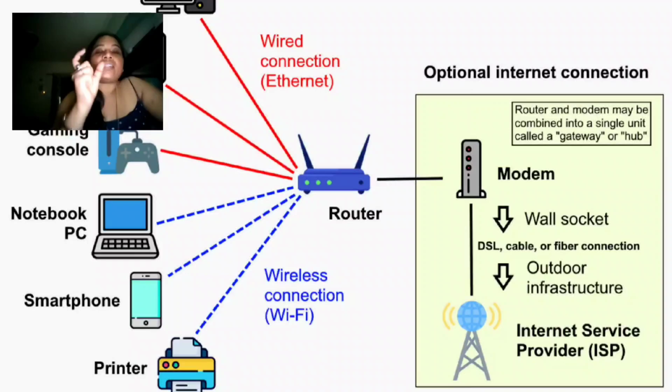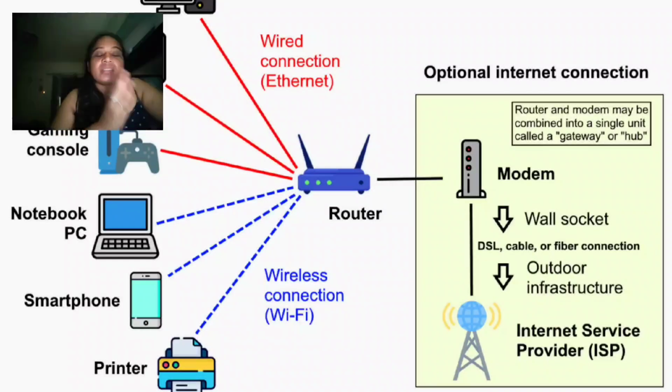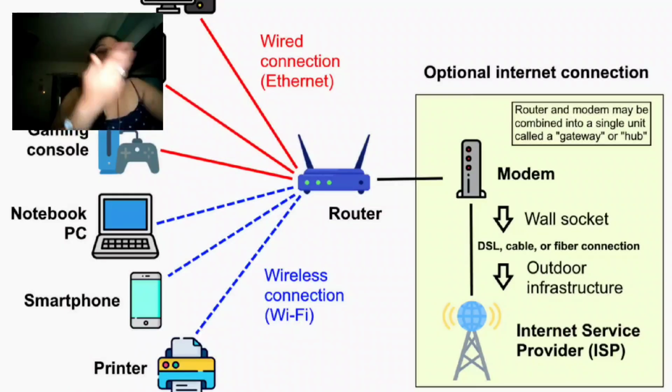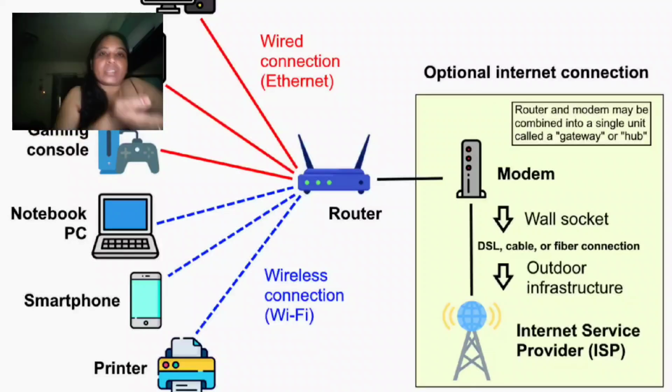We already know the large towers we can see in all areas; that is the ISP, internet service provider. The internet service provider provides internet services to your houses or organizations.